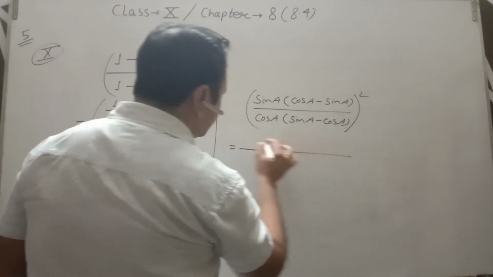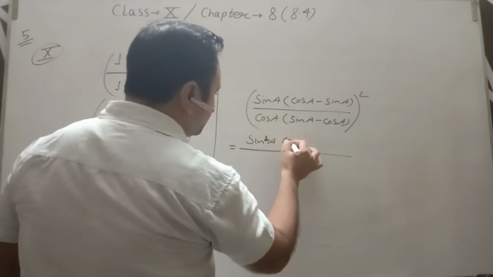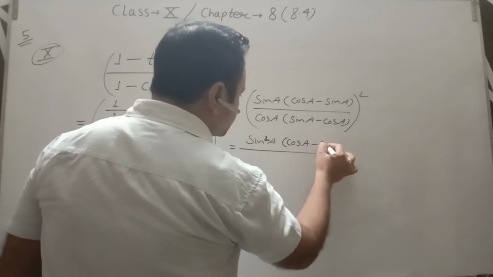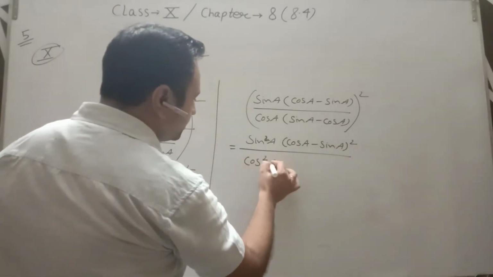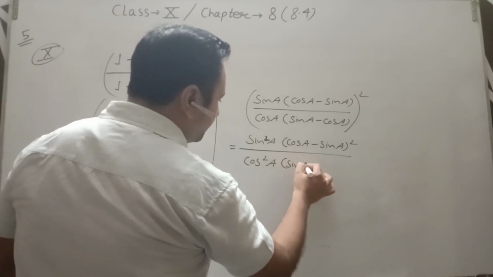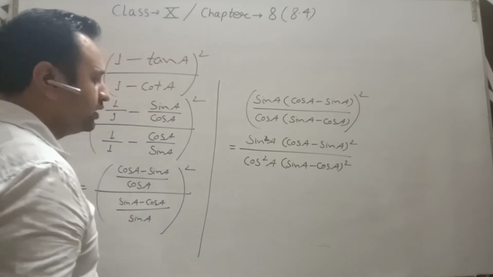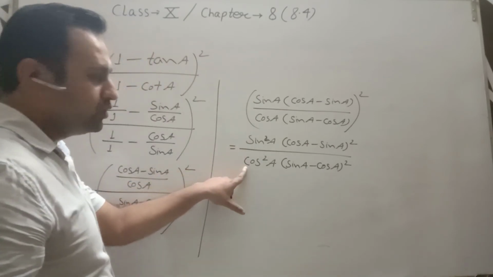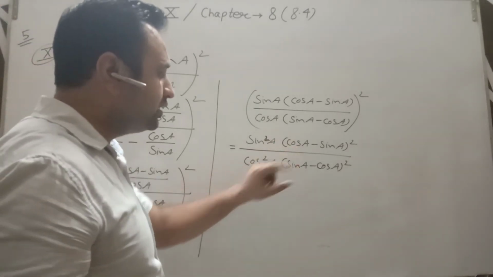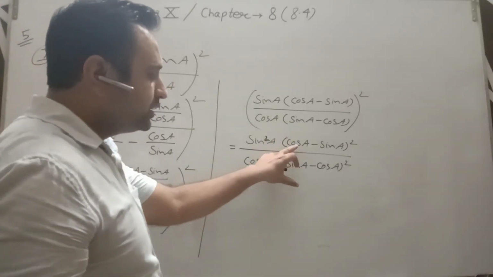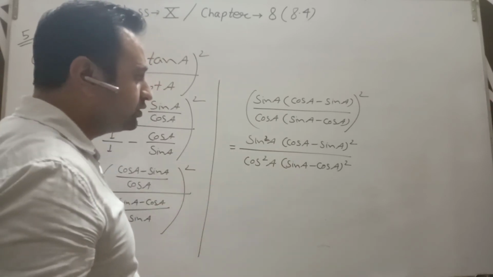Now we note down sin square A into (cos A minus sin A) whole square, and in the denominator cos square A into (sin A minus cos A) whole square. Sin square A upon cos square A is equal to tan square A, but firstly we cancel out these two brackets, but these two brackets are not the same. So how can we cancel this out?